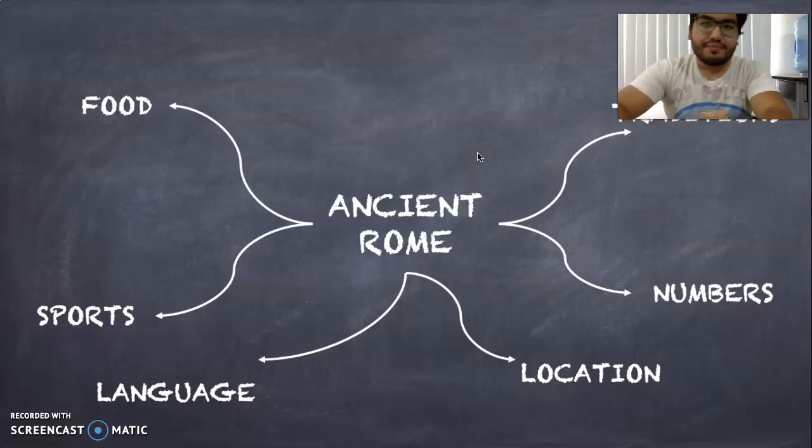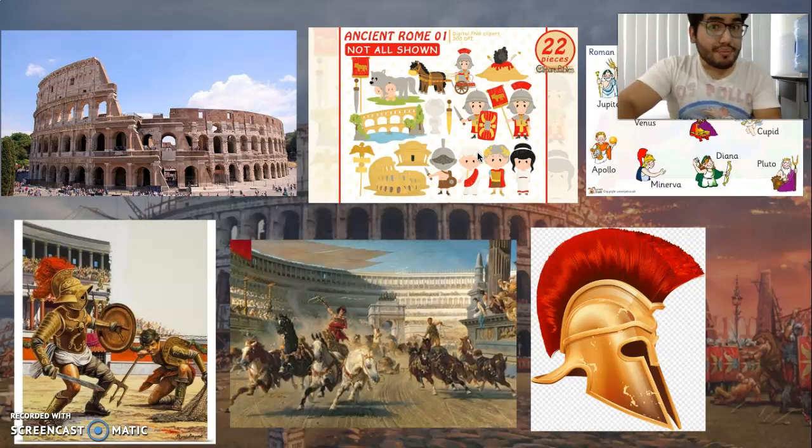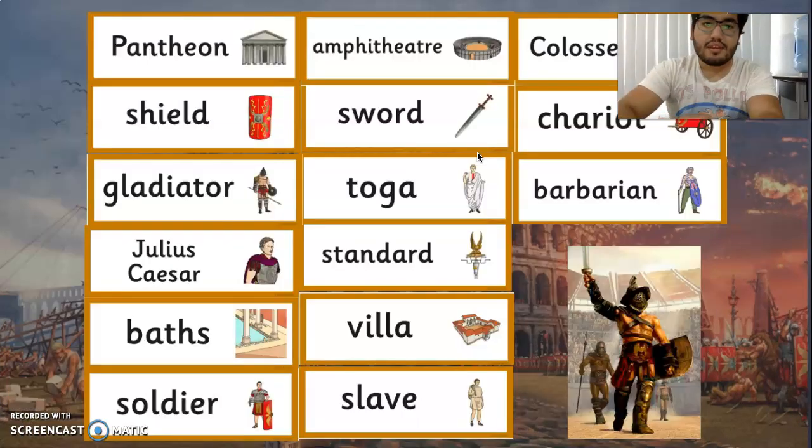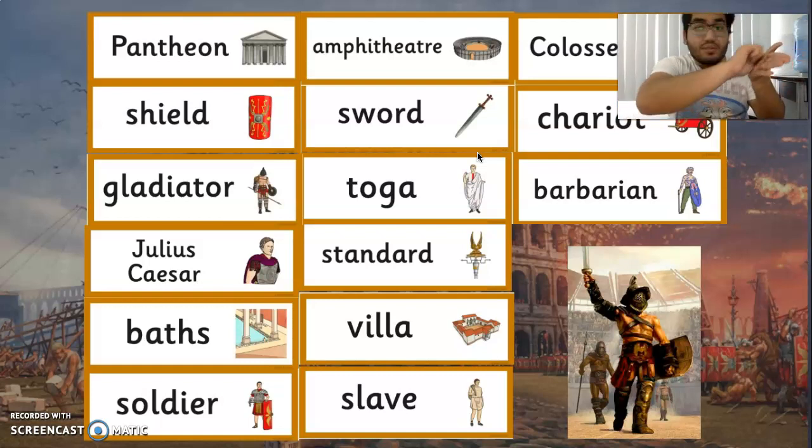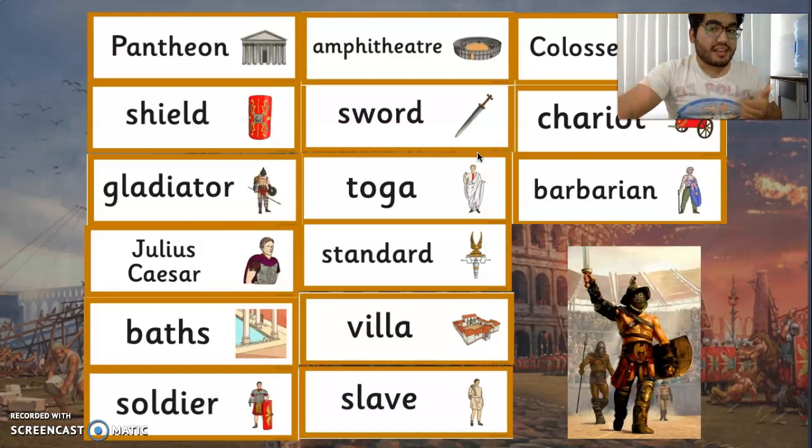You finish copying? So, if you remember, we saw this about ancient Rome. We saw about the sports, the Colosseum, the gods, the fights, the chariot races, the helmet. We saw about the vocabulary, the gladiators, bad soldiers, and this. So what you're going to do is choose one picture or one image of the things that I'm going to show you and draw something like that.